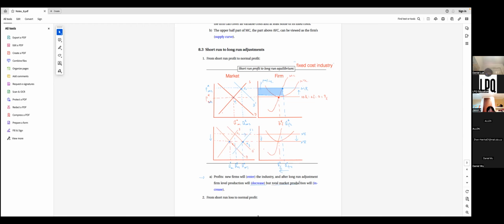But the total production level will increase, because now the whole market has more competing firms who also produce face masks.